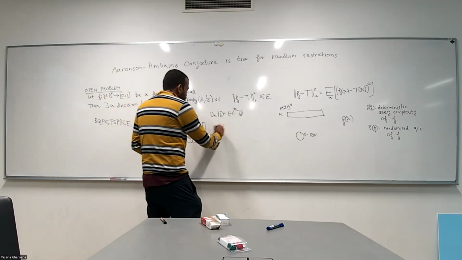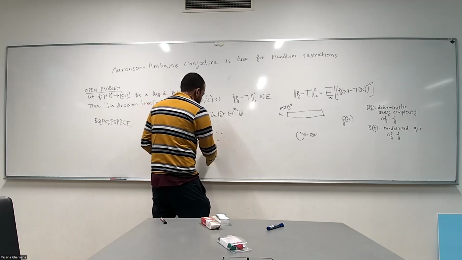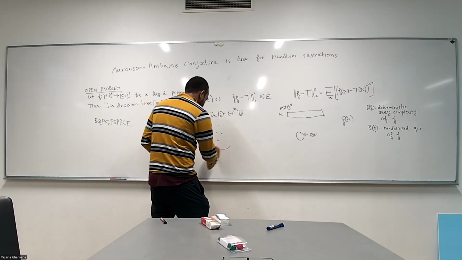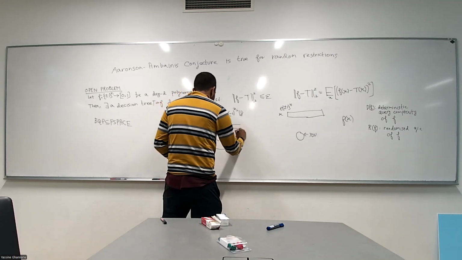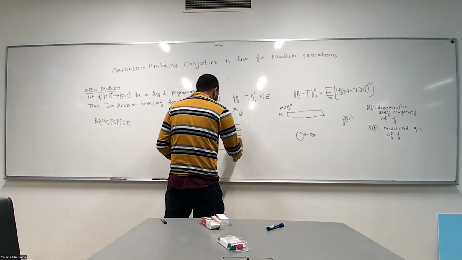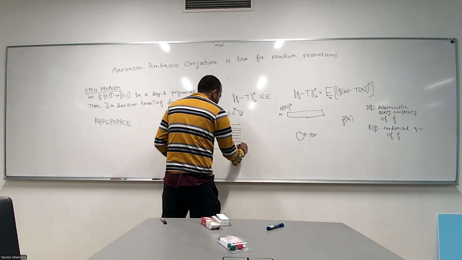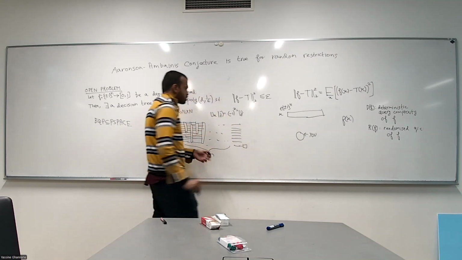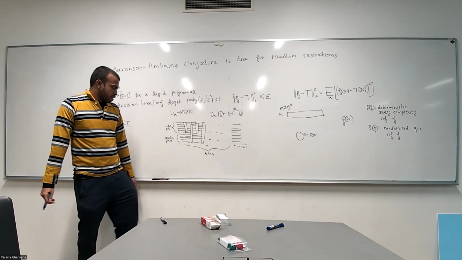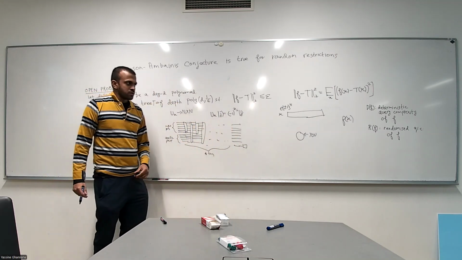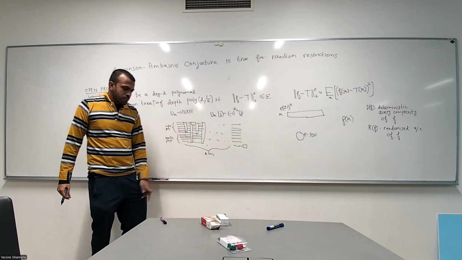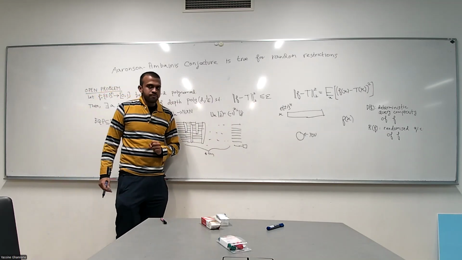So you do this for at most q times. And in the end, what you will do is you will measure a qubit. And if you get the measurement to be 1, you output 1, otherwise you output 0. And this is a quantum query algorithm which makes at most q queries.